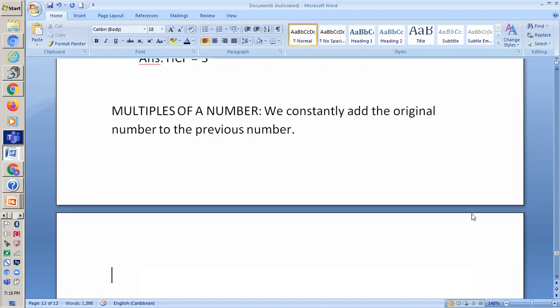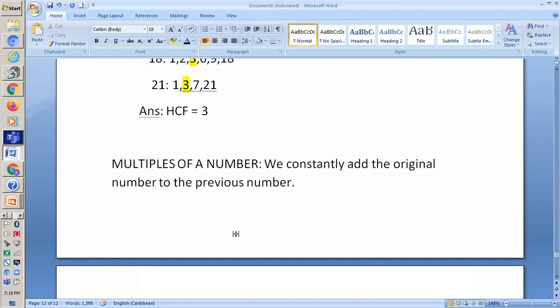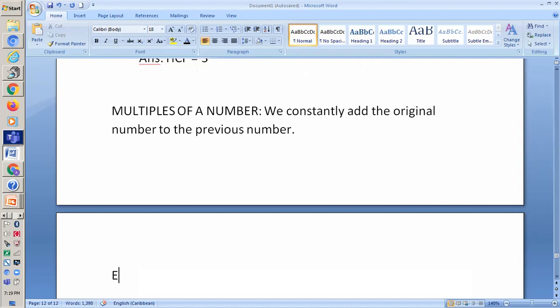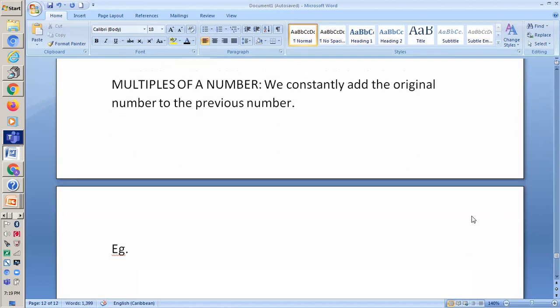All right. So if I say, for example, find multiples of, say, 5.